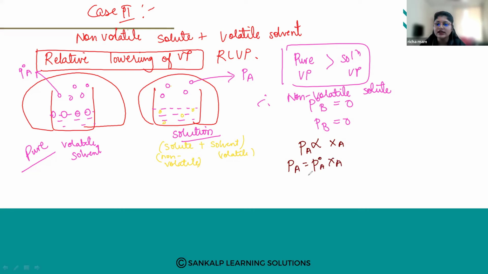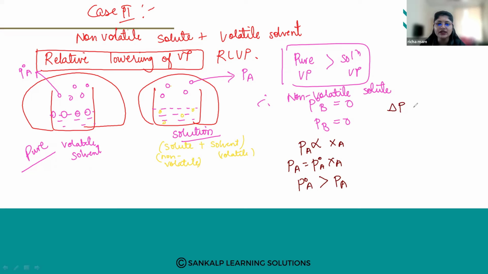Now, there is a difference in vapor pressure. In the pure state, the vapor pressure is different, and in the solution state, the vapor pressure is different, right? We know that in the pure state, P naught, the vapor pressure will be more as compared to that in the solution state. So how will we consider the difference? We can apply delta P. What is delta P?